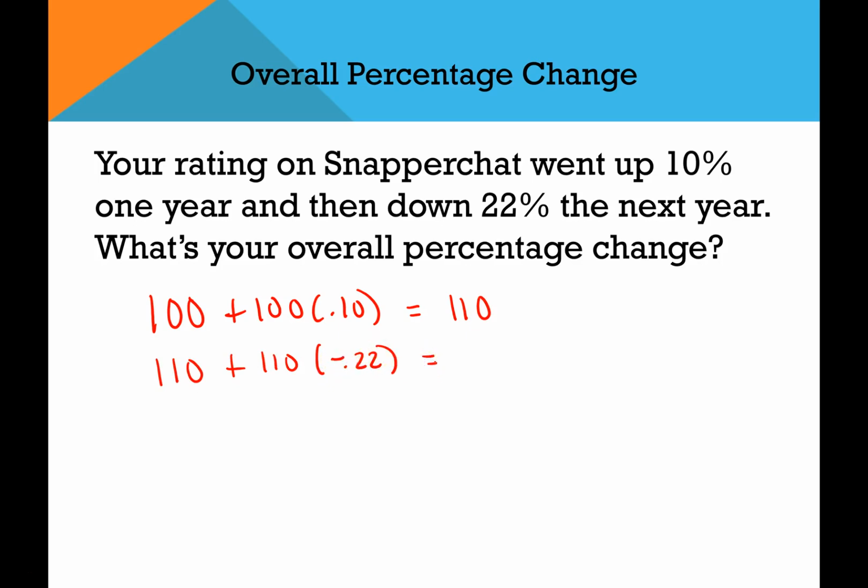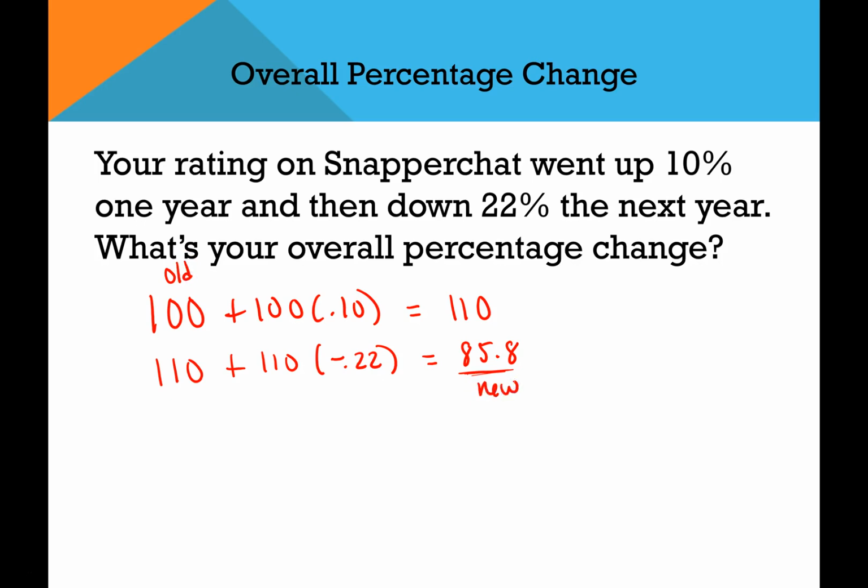So that's going to give me, one second folks, I get 85.8. So in a case like this, we can't just simply say it went up by blah, blah, blah percent, because actually it went down. So this is my old value, this is my new value.